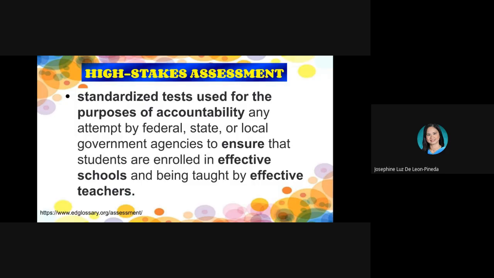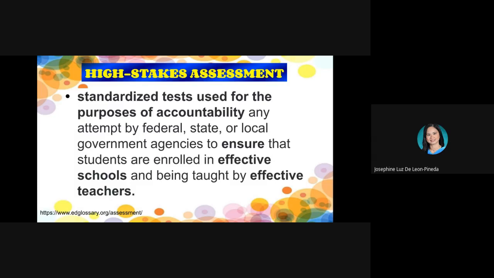So we have this high-stakes assessment. These high-stakes assessments are typically the standardized tests used for the purposes of accountability. Any attempt given by a federal, a state, or the local government, for example.